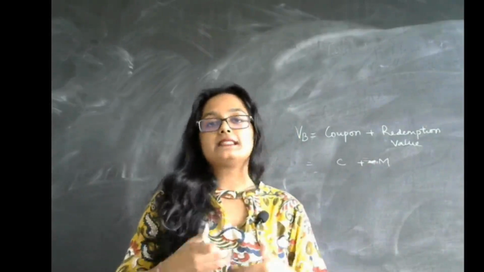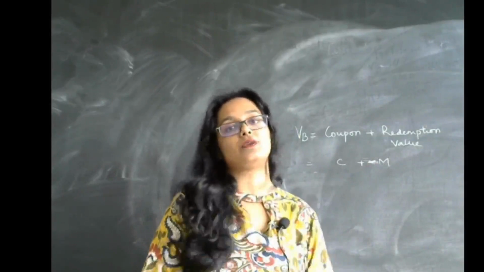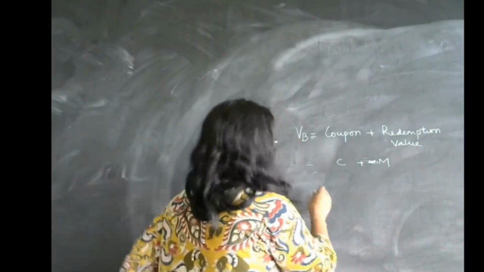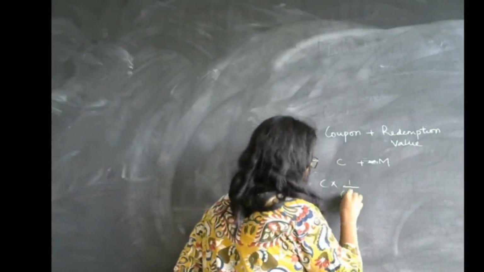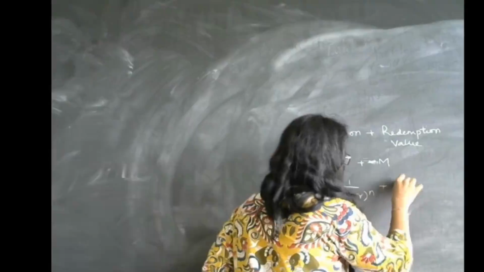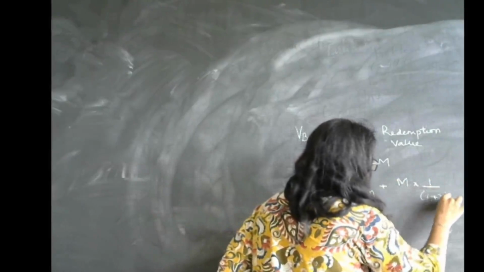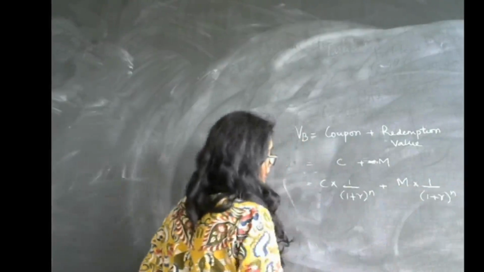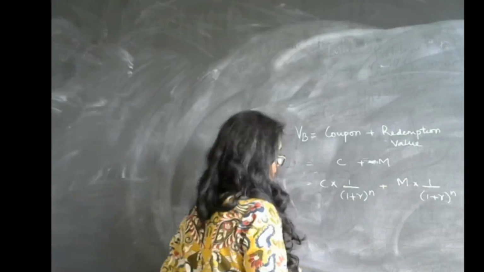So that is the reason why we will multiply it with the discounting factor. Now the discounting factor is what? 1 divided by (1 plus r) the whole raised to n. Okay, now we have multiplied it with the discounting factor.